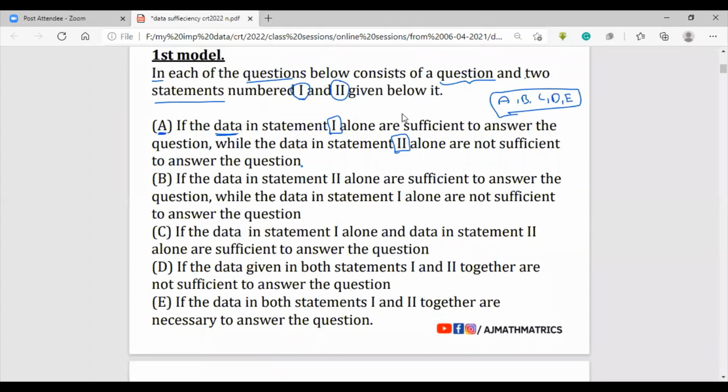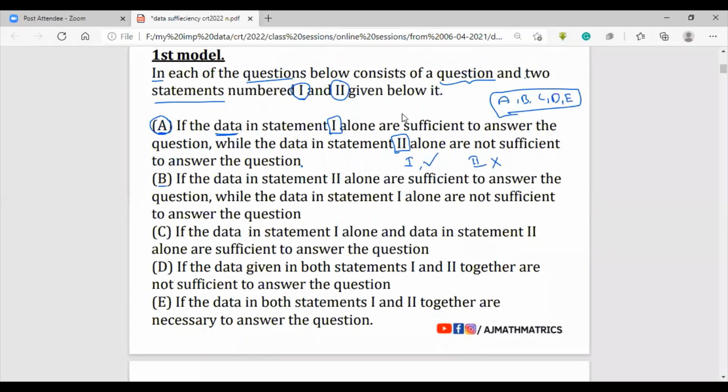So by picking one option, you are telling two things. The first is that the data in statement 1 alone is sufficient, and the second is that the data in statement 2 alone is not sufficient. So when you pick A as the option, it means 1 alone is sufficient, 2 is not sufficient.